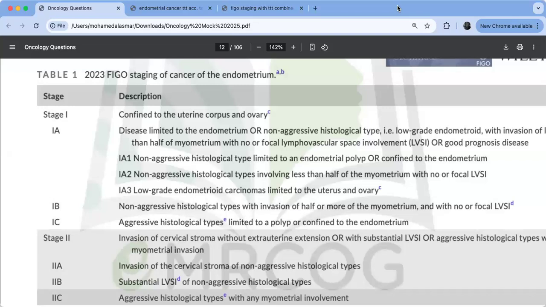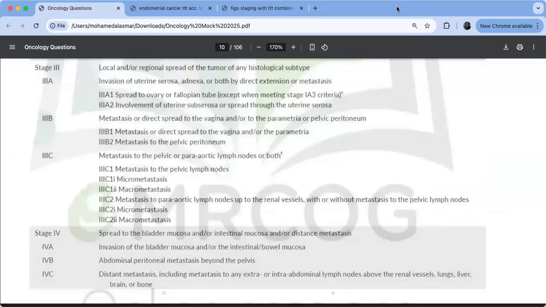Okay, so it's easy, my friends. In stage 3, it's surgery plus adjuvant, and the adjuvant is CCRT. So we started CCRT from stage 2C and we continue with it. Sometimes for a patient who is not fit for surgery, we can go for primary radiotherapy. So for stage 3, here, there are no tricks.